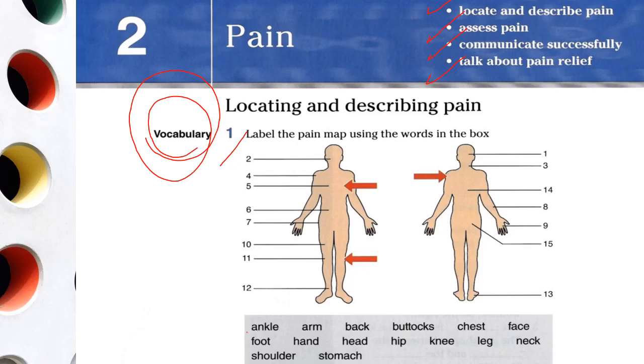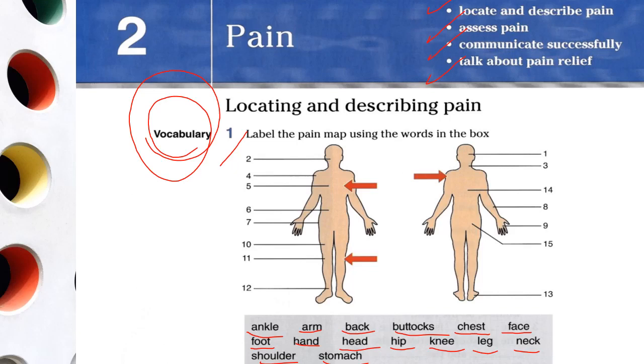So we have ankle, arm, back, buttock, chest, face, foot, hand, head, hip, knee, leg, neck, shoulder, stomach. Okay, so let's try to match each part of the human body with its right name.